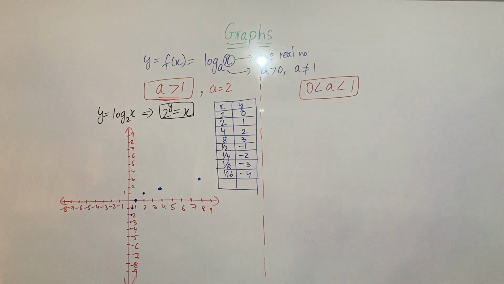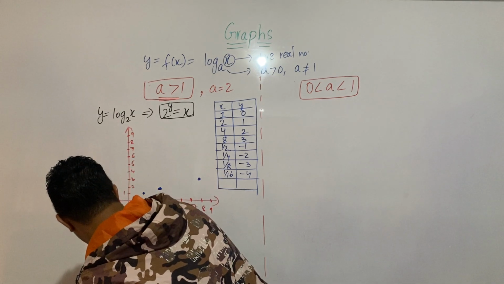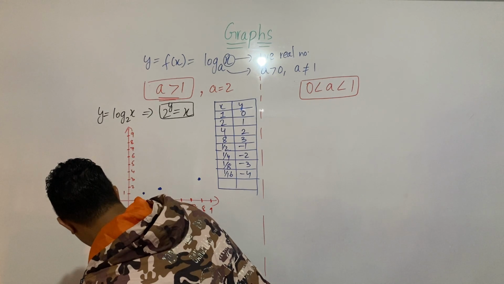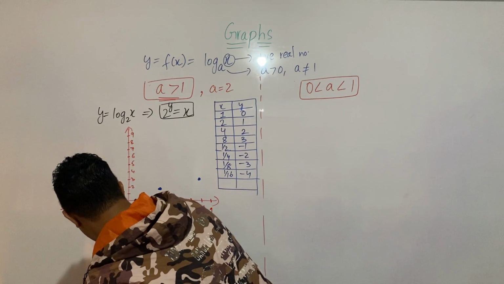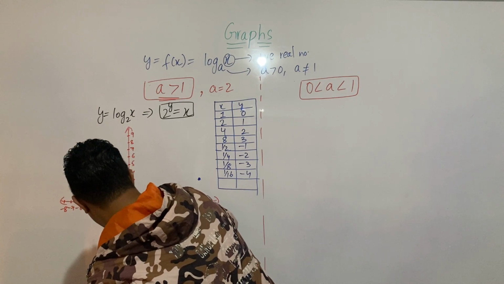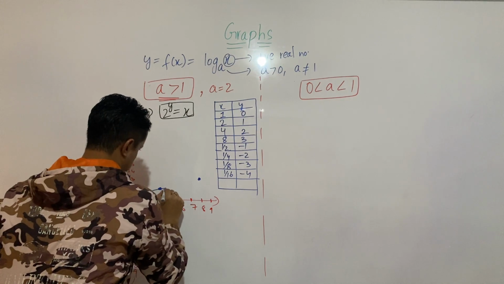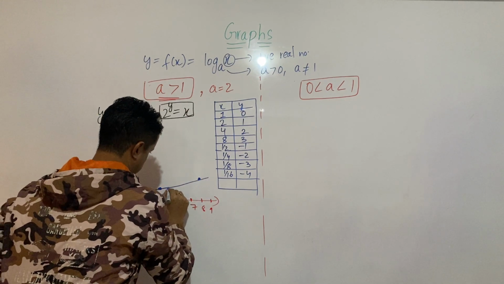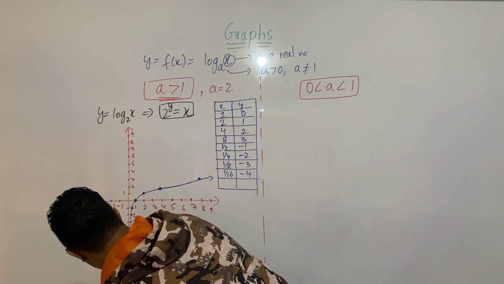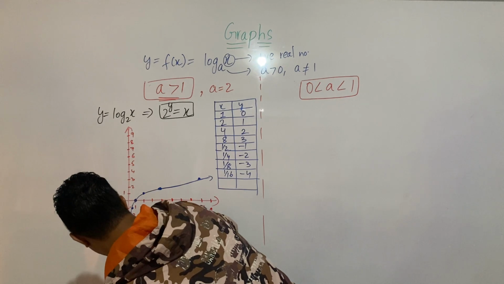Okay, so if you trace all the points, then in the end you are going to get a graph like this. In the end, you are going to get a graph like this.